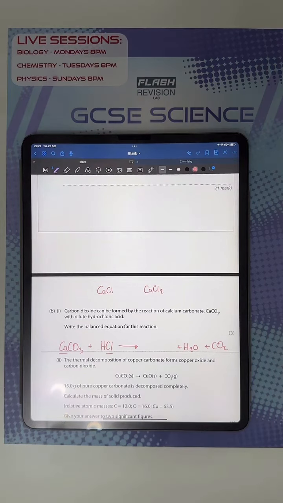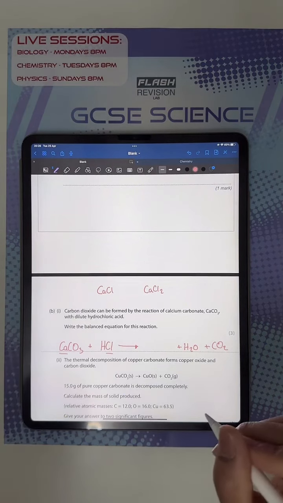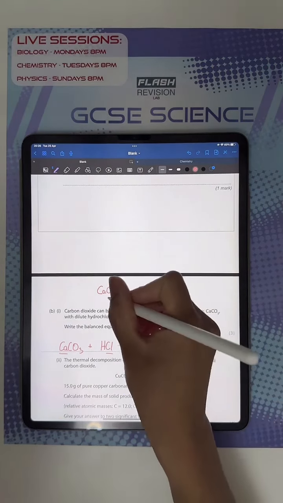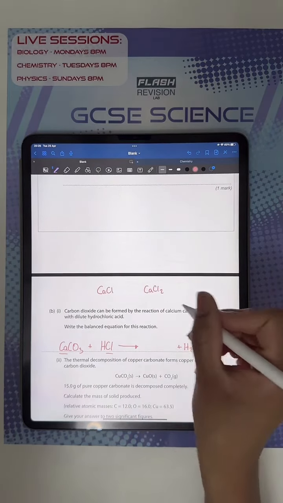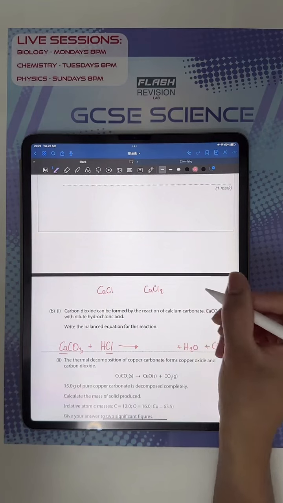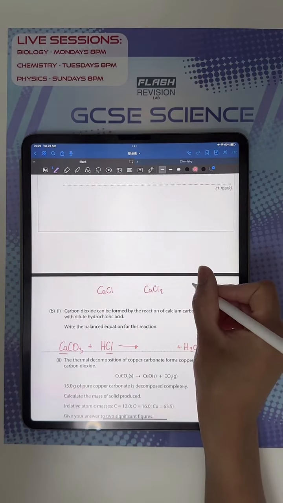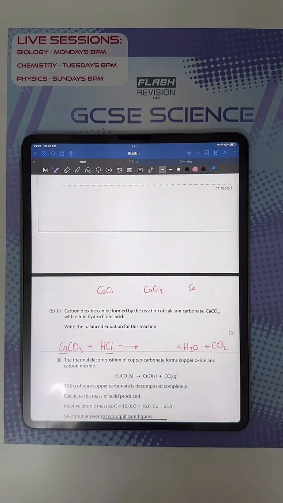Okay, we're getting a mix of answers here. The way to work it out, guys, is to work out the charges of Ca and Cl. If you look at the periodic table, Ca is in group 2. So what charge is Ca going to have?